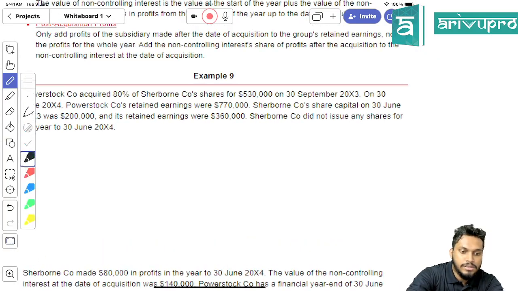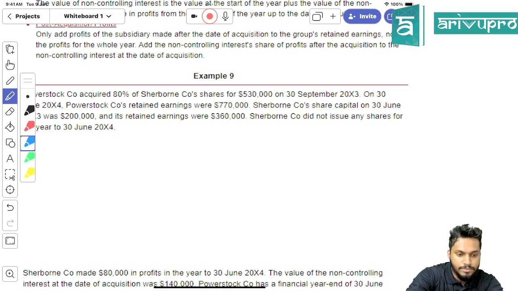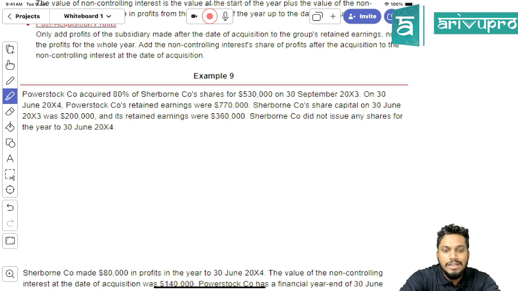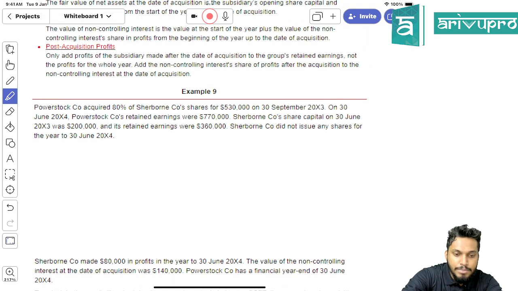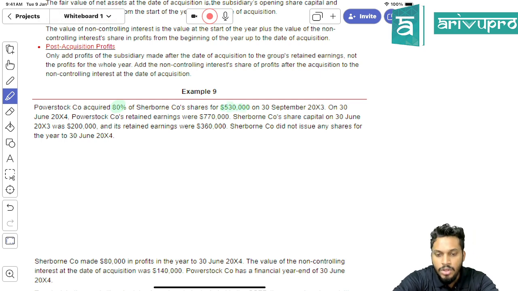Now see this company. Power Stock Company acquired 80% of Sherborne Company's shares for $530,000 on 30th September 2013. On 30th June 2014, Power Stock Company's retained earnings were $770,000.